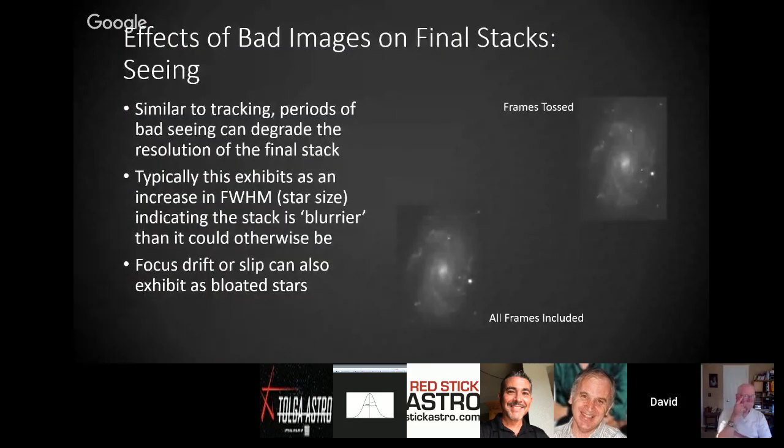I've made 2 different stacks, one with everything included, one with some frames tossed, right? And here we're just looking at them visually. But you can certainly put those things in subframe selector and see what results it gives you. It should, in this case, tell you that your signal to noise ratio weight is better in the one with all the frames included, but your full width half maximum is worse, all right? So you can definitely do those sorts of evaluations.